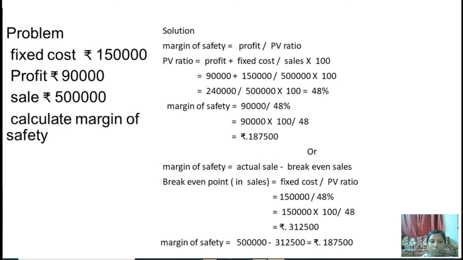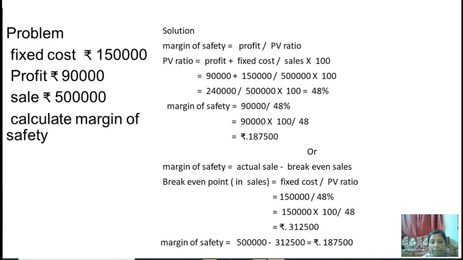The fixed cost in the problem is 1,50,000 divided by PV ratio. We already calculated the value of PV ratio, that is 48%. So 1,50,000 into 100 divided by 48.